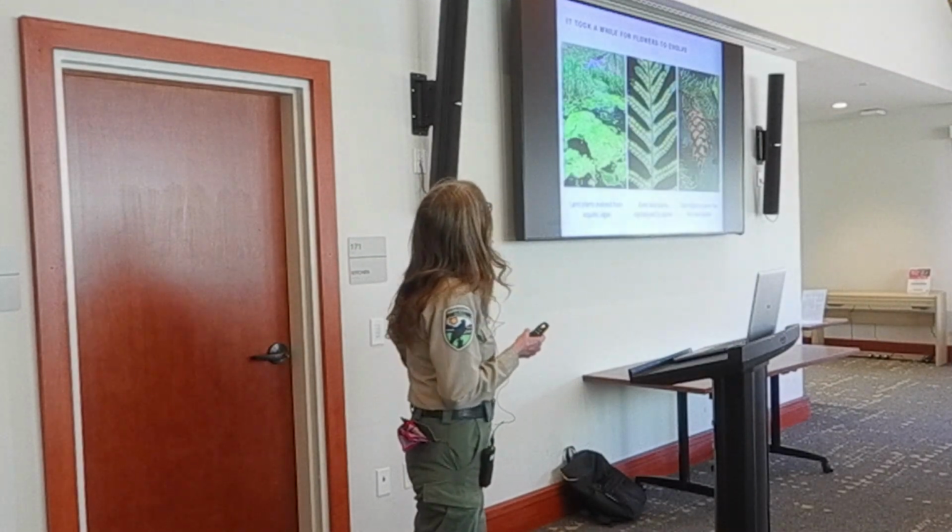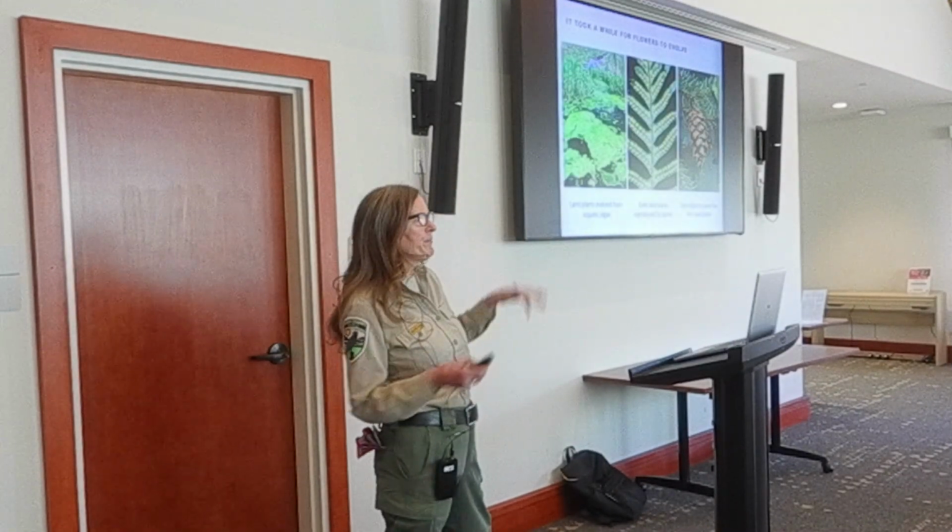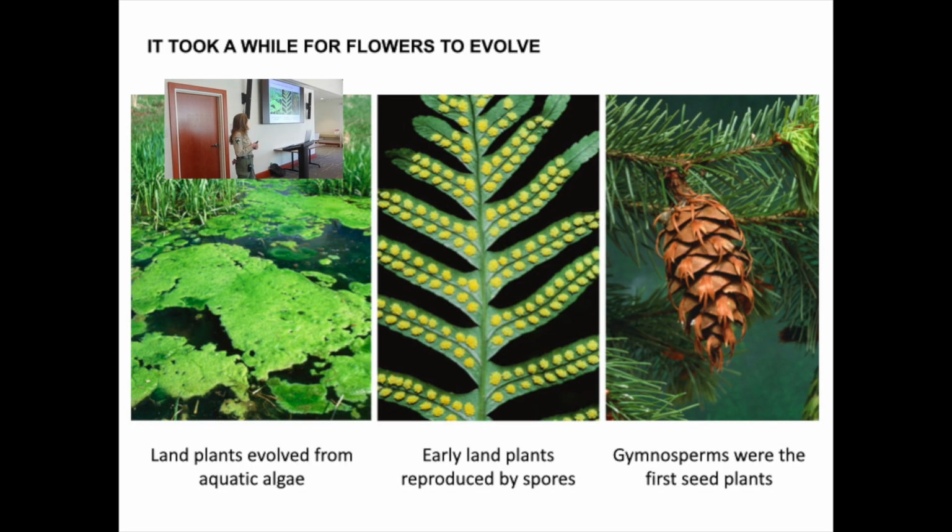All right, but first let's go way back in time, before flowering plants were around, before any plants were really on the earth. If you think about terrestrial habitats, way back when, there wasn't any. There weren't any plants on land, there weren't any animals, and so it was just a bunch of rocks and dust from those rocks. But there wasn't even soil because there weren't plants or animals living on land to die and decompose and turn into soil, right?